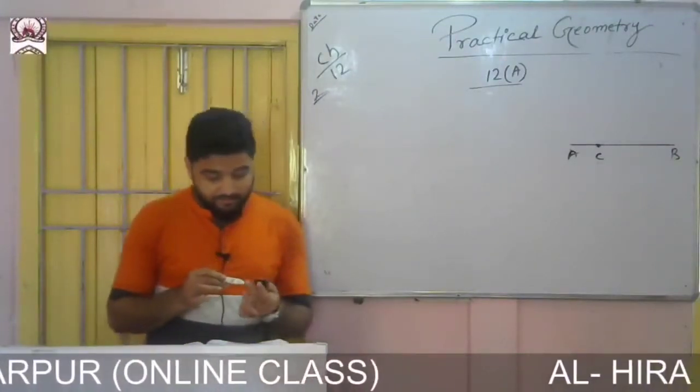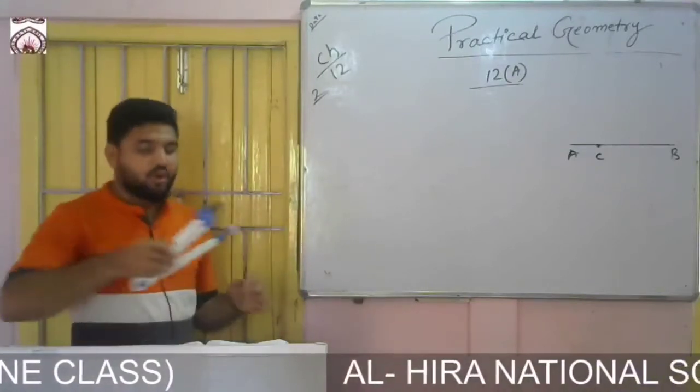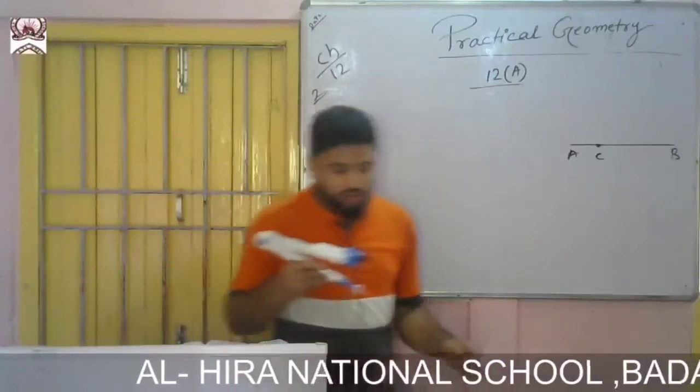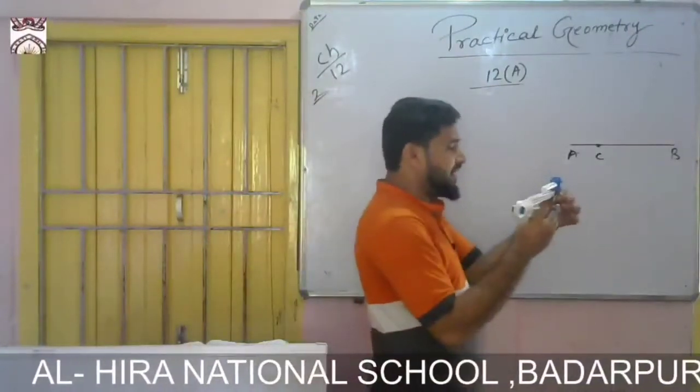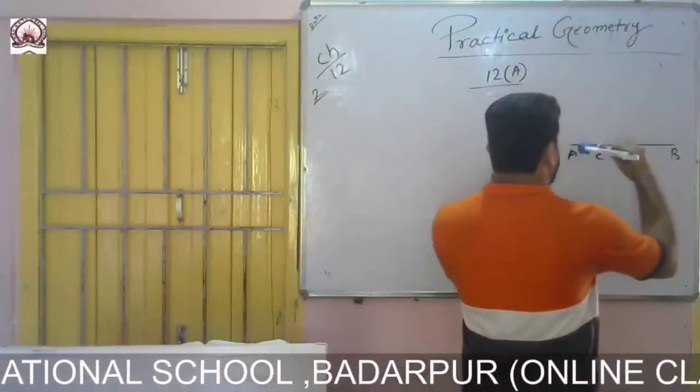Now placing the compass needle at C, and taking a convenient radius, draw an arc.